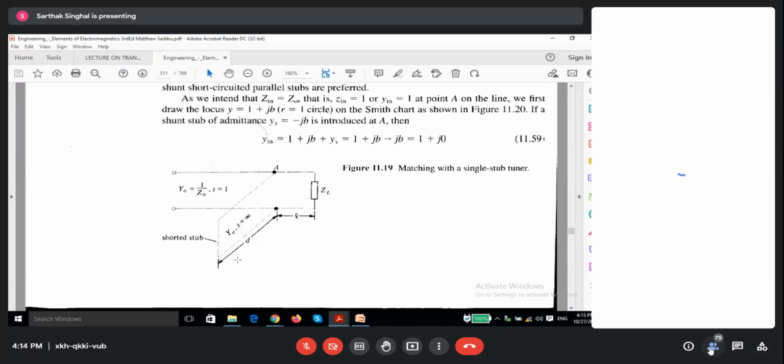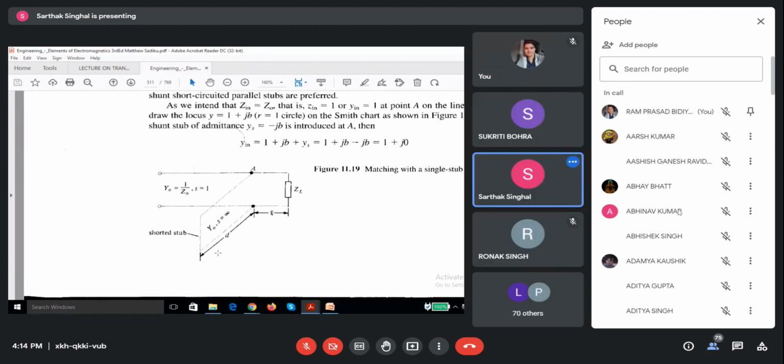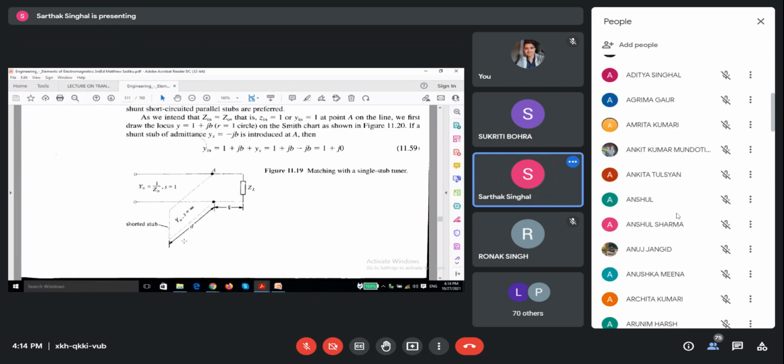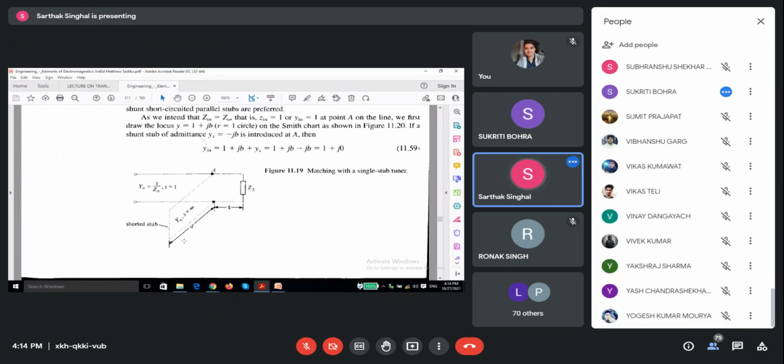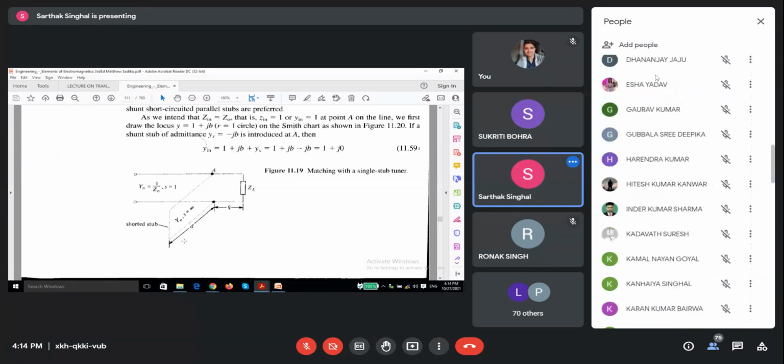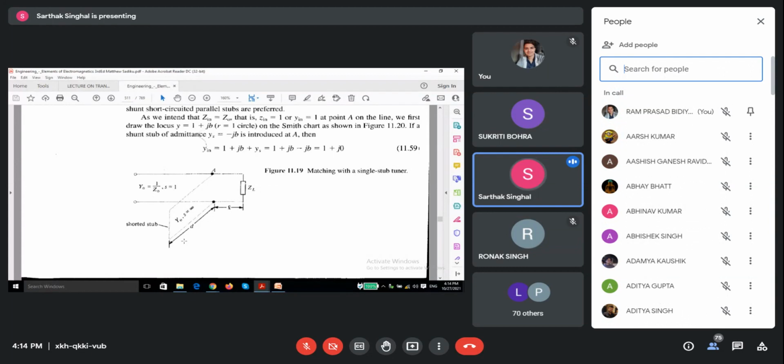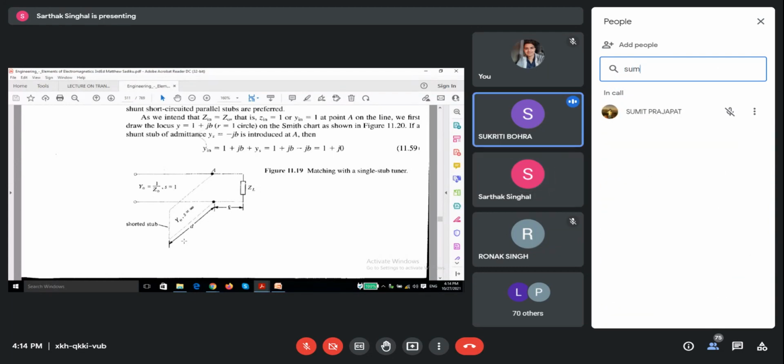Can we calculate the input impedance at these terminals A and A dash due to the load impedance ZL? Can we calculate it?